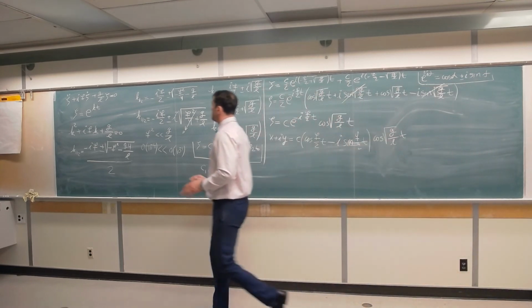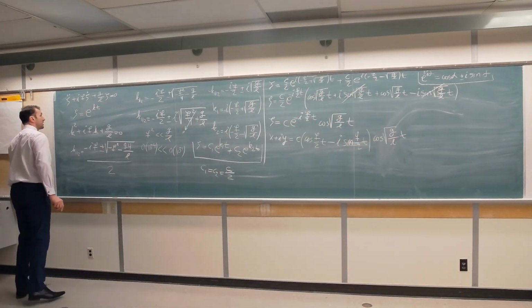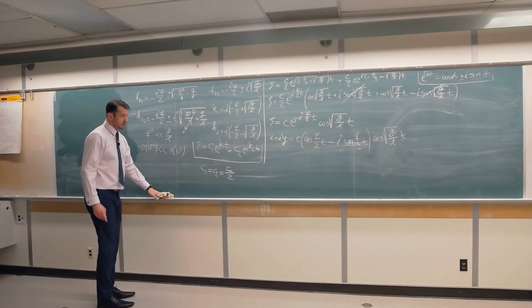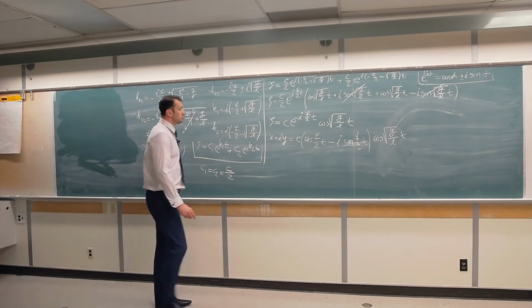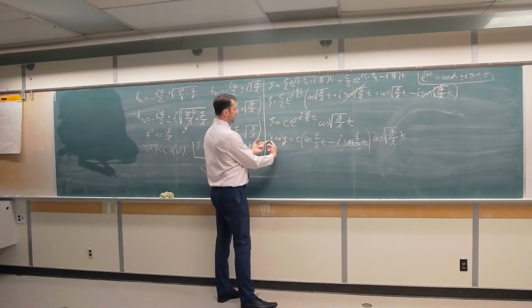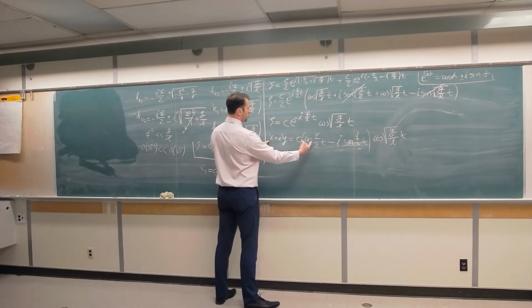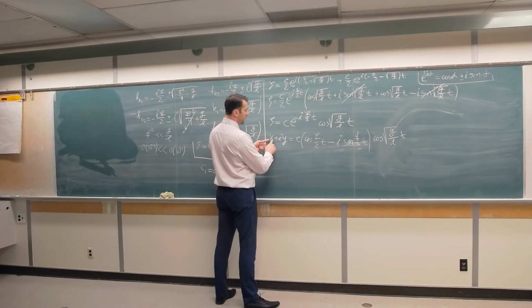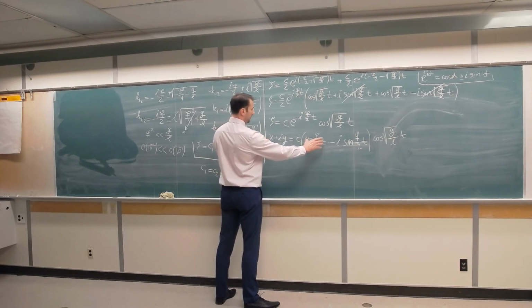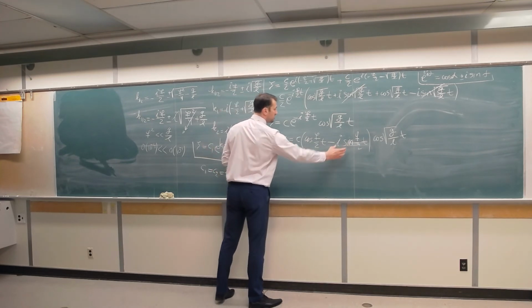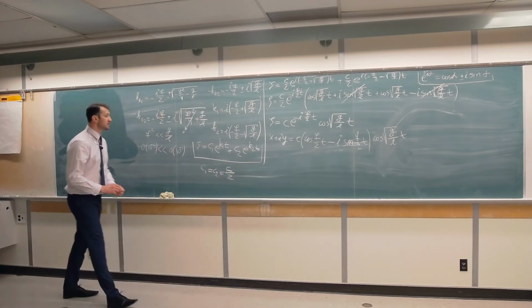And now let me write the final solution here. So what we need to do is, look, we group together real part to real part, imaginary part to imaginary part, and these are our solutions.